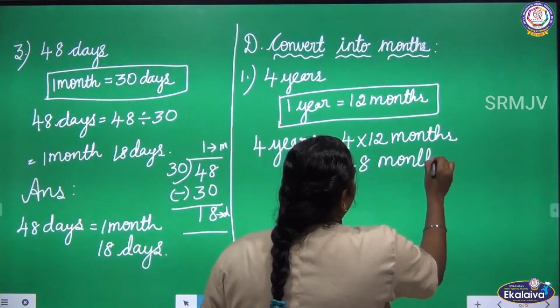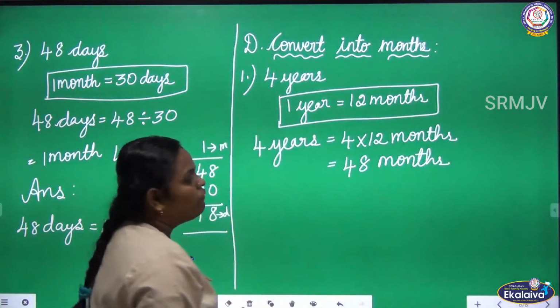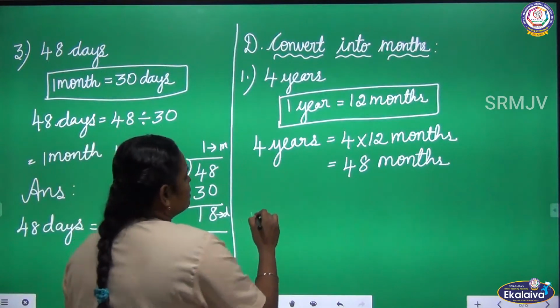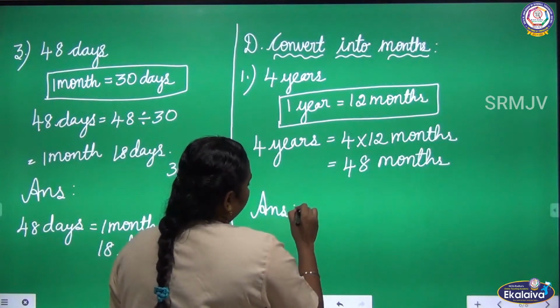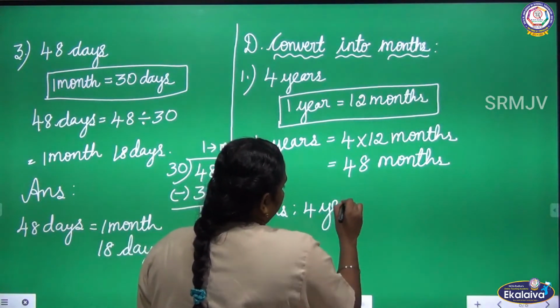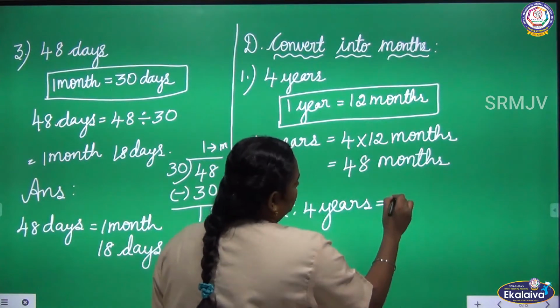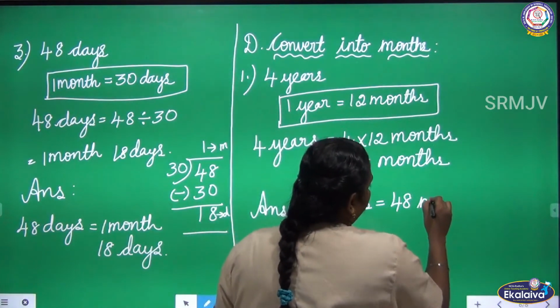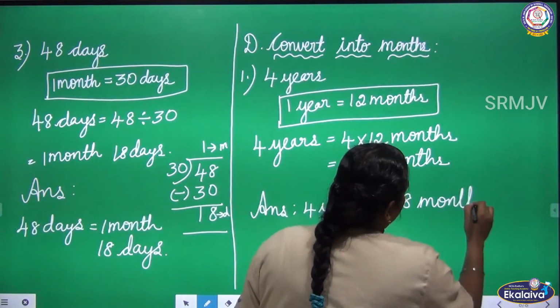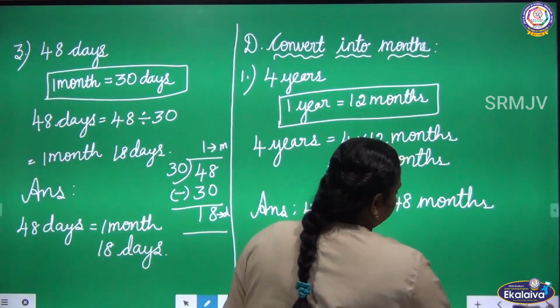So 4 years equal to how many months, children? 48 months. 4 years equal to 48 months.